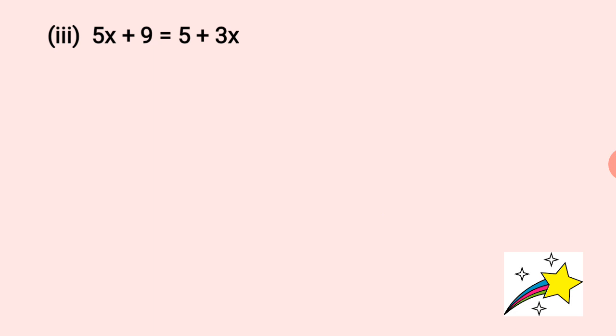The third one, 5x plus 9 equal to 5 plus 3x. The same method again. X, that is the variable things to be taken on one side. Here we are taking on the left hand side and the constants on the right hand side.